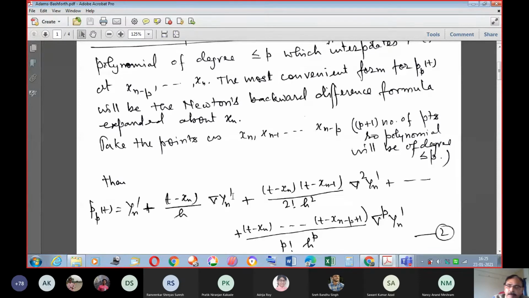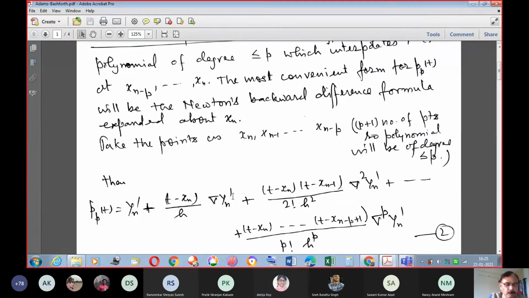How do you define the backward operator on f(x_n)? Adrija, how do you define the backward operator? Sir, it's the difference of f(x_n) minus f(x_{n-1}). Is that right? Yes, sir.